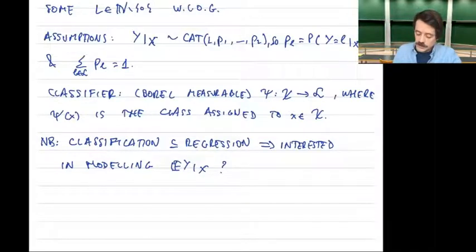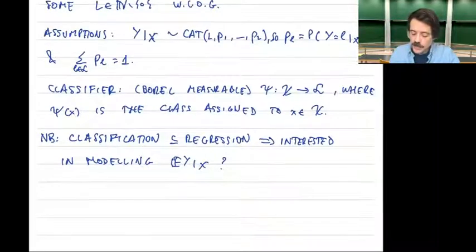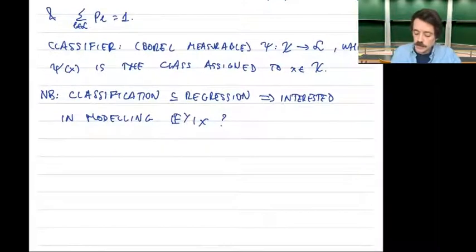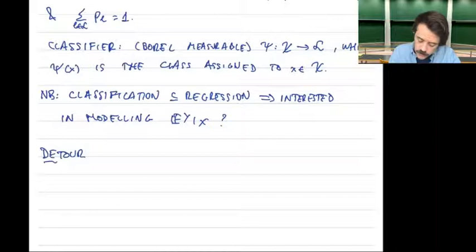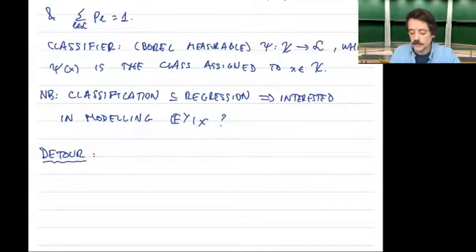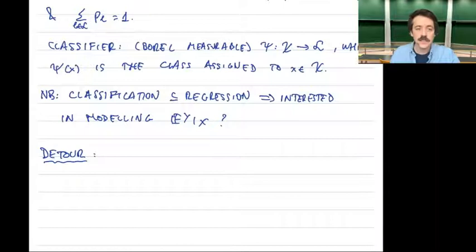Okay, so to answer this question of whether we are interested in modeling this expectation, we should take another detour, as we did at the beginning of regression. Let's begin with the case of L equal 2, so in which we have two classes.